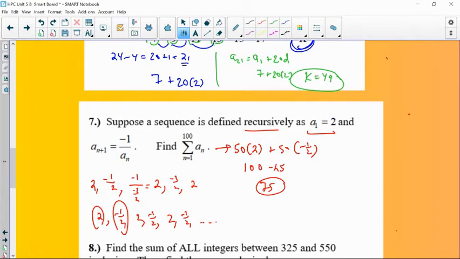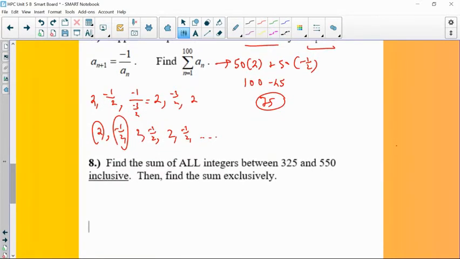Okay. Now the next example, just to go over a little bit of vocabulary: inclusive versus exclusive. It says find the sum of all integers between 325 and 550, inclusive and then exclusive. If it's going to be inclusive, you're going to include the endpoints. So you're going to start with 325, and then 326, all the way up to 550.